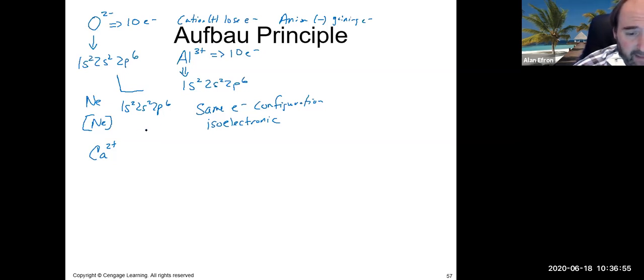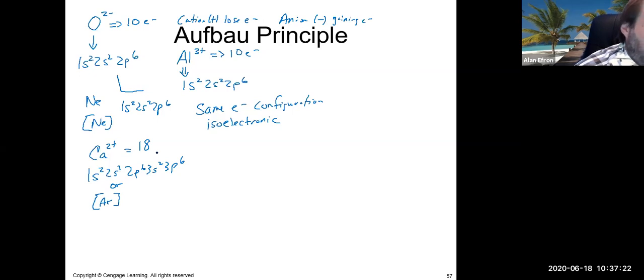The 2 is how many, so it would come down to 18 electrons, which would give it an electron configuration of 1s2, 2s2, 2p6, 3s2, 3p6. And that is the same electron configuration as we saw earlier of argon on the periodic table. Argon and calcium with a +2 charge are also isoelectronic with each other.